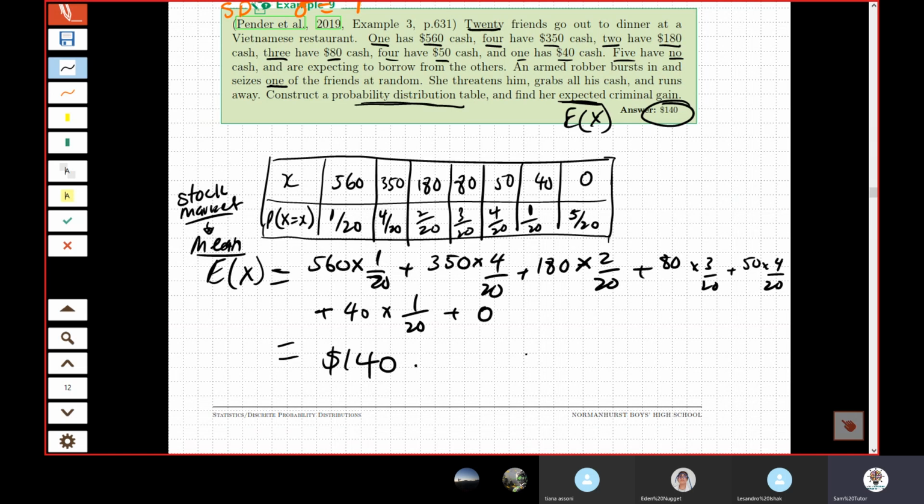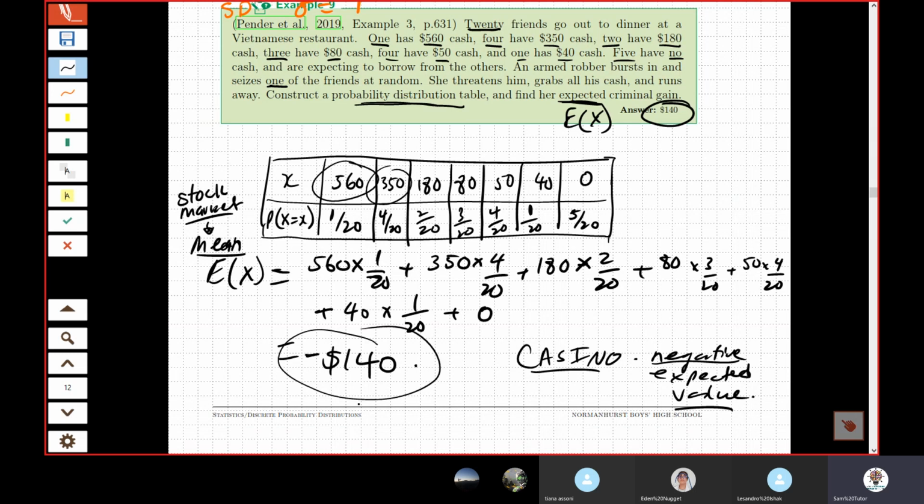And like in casinos, in fact, if you want to think of another game, all the games there have negative expected value. So they're all calculated to have negative return. So even if you think you're going to win, by the time you play, this value here is actually negative.